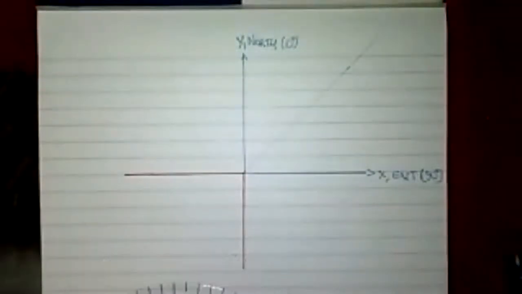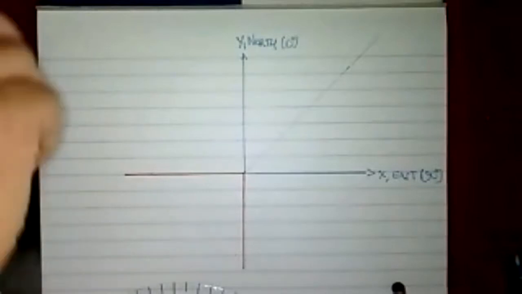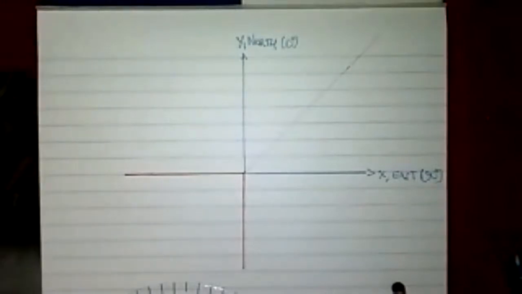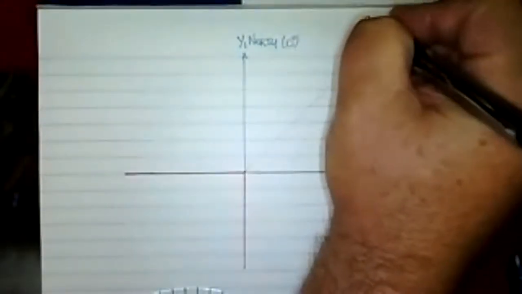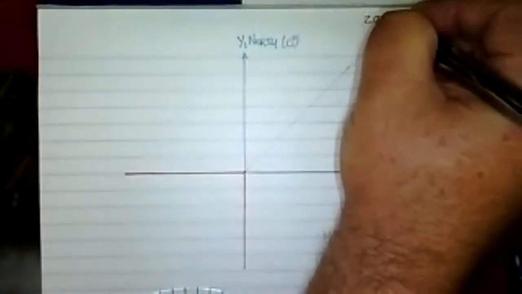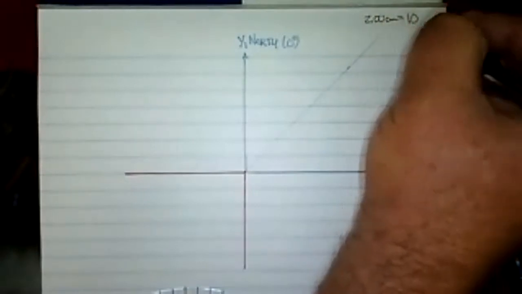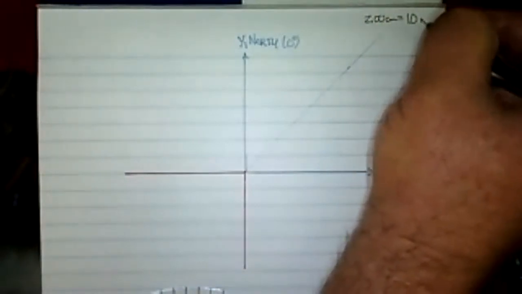What I decided to do was use a scale of 2 centimeters equals 10 newtons. So my scale is 2.00 centimeters equals 10 newtons.